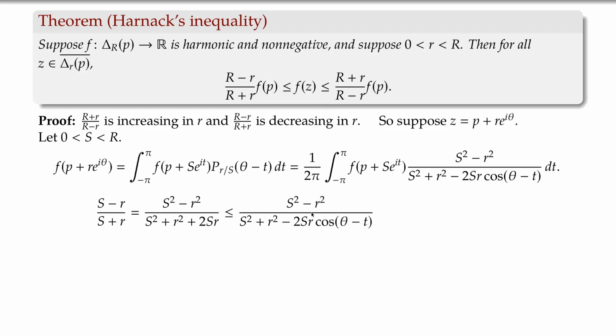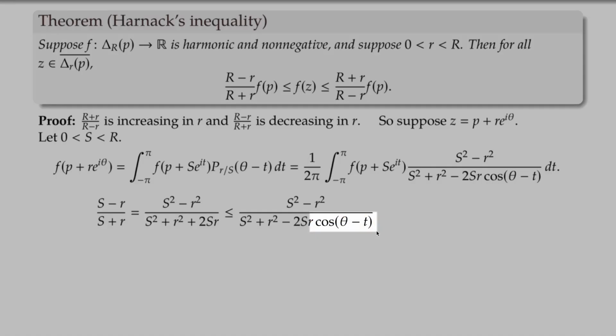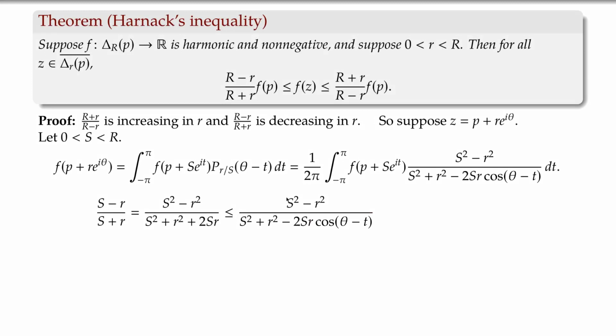Now over here I could stick in this cosine, right, because cosine is between minus 1 and 1. So yeah, this is true, right? And if this is true, I could move the cosine around and get the thing with a minus over here.